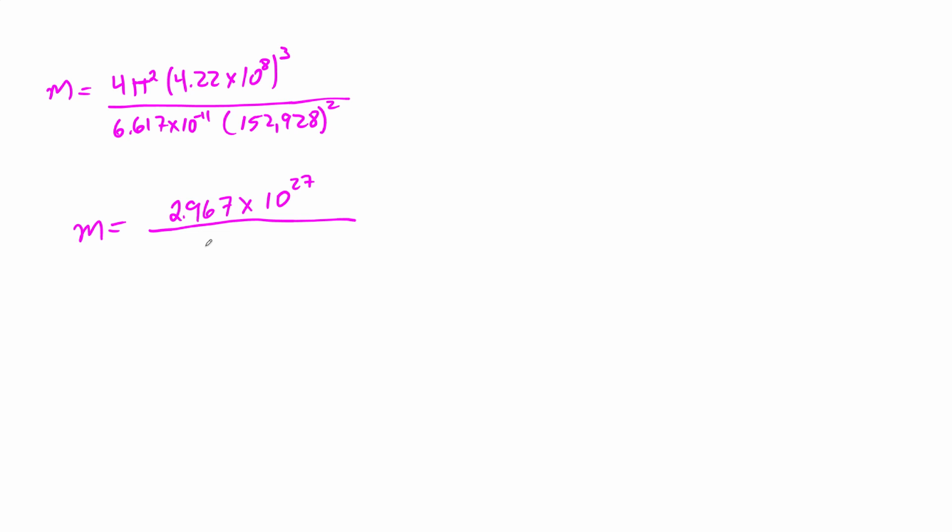The bottom is 1.548. So we get 2.967 times 10 to the 27th divided by 1.548, and the mass of the planet is 1.92 times 10 to the 27 kilograms.